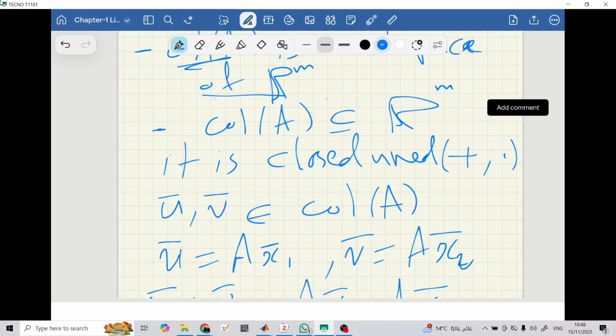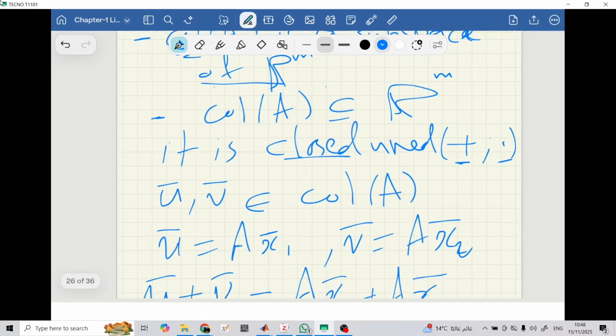So how to prove that? First of all, we need to prove that the subspace, or this candidate subspace, is closed under vector addition and scalar multiplication, and then we need to prove that the all zero vector belongs to that set or candidate subspace. That's very simple to do actually.